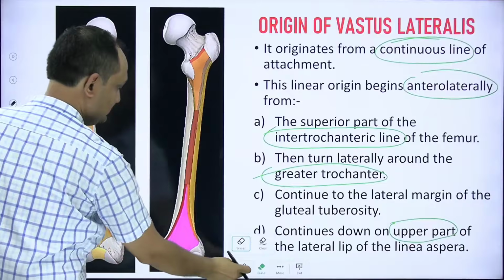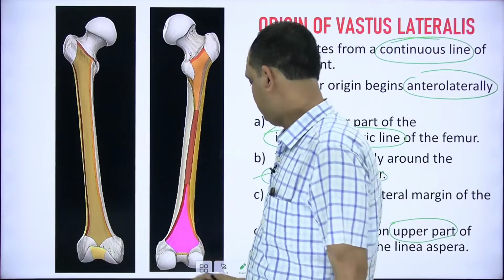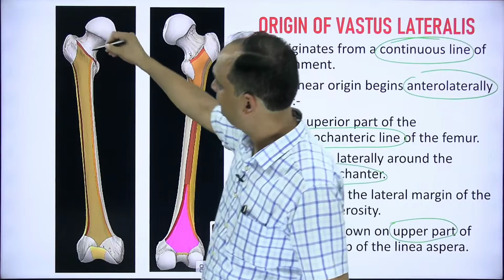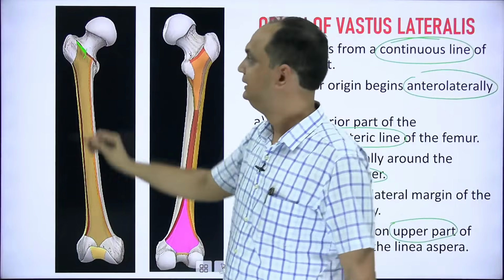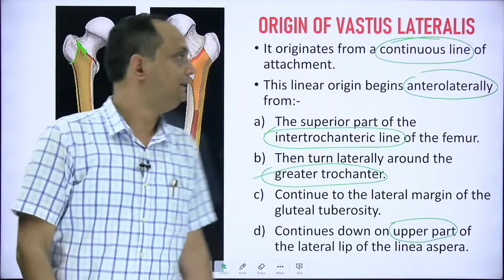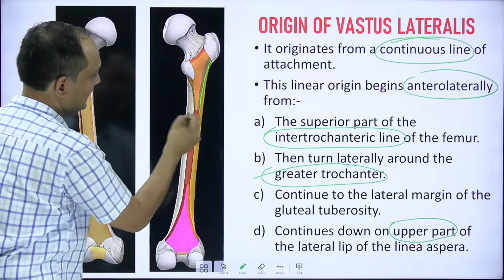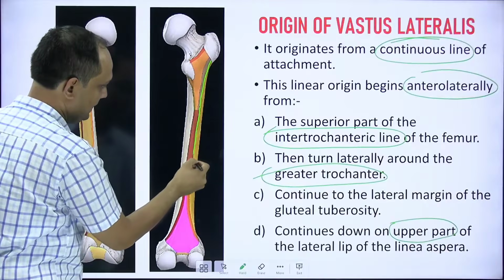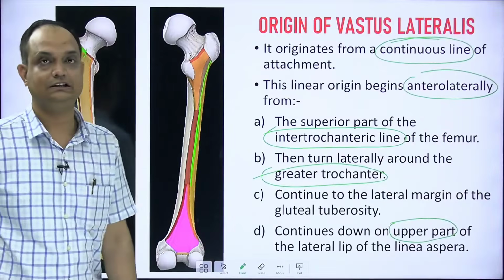You first keep in mind the bony landmarks. It starts from the upper or lateral half of the intertrochanteric line, then the anterior and inferior border of the greater trochanter, then the lateral lip of the gluteal tuberosity, then the upper part of the lateral lip of linea aspera.